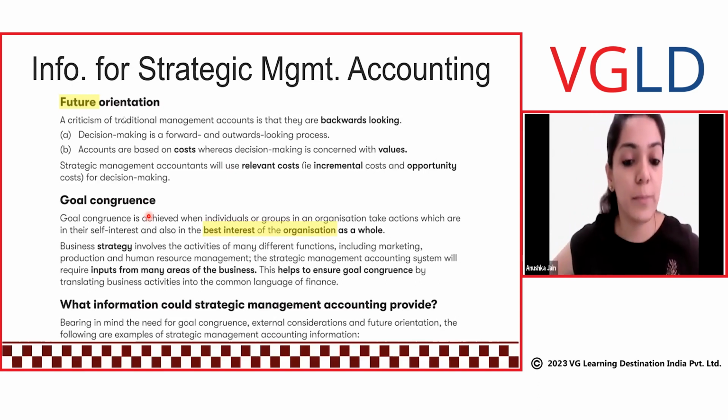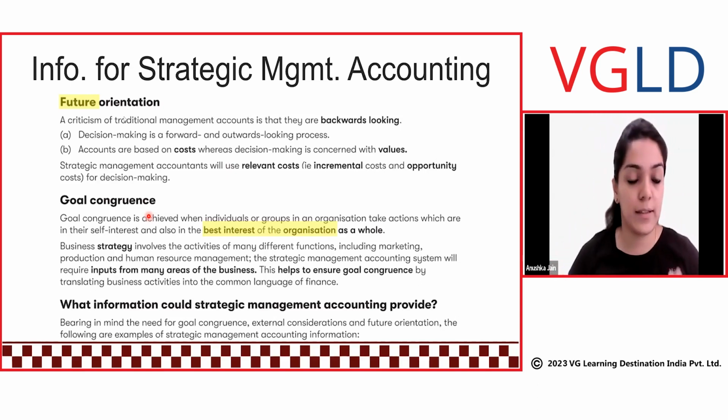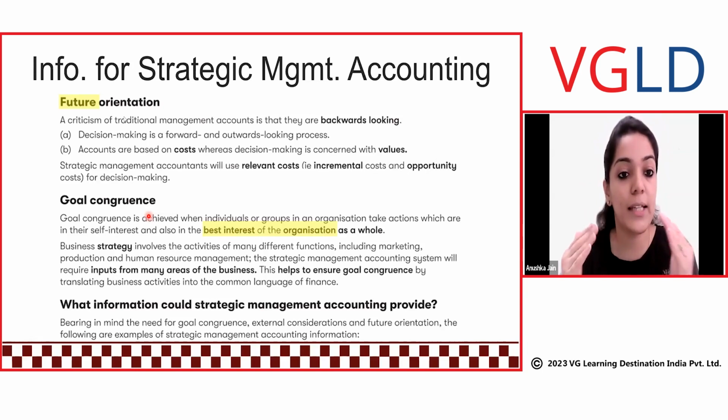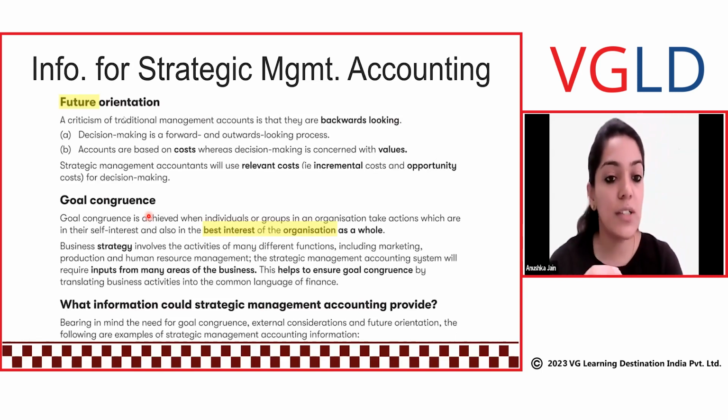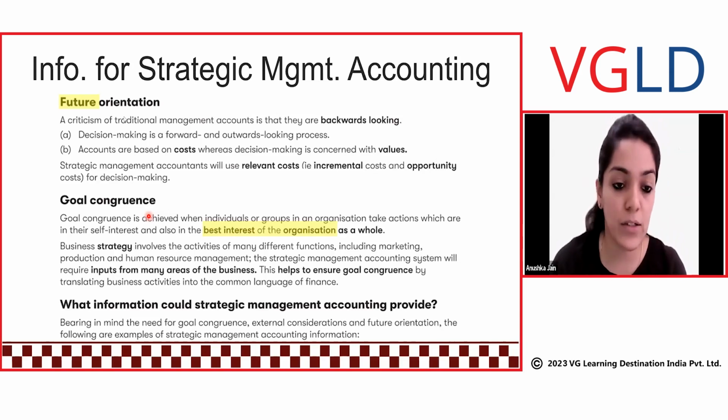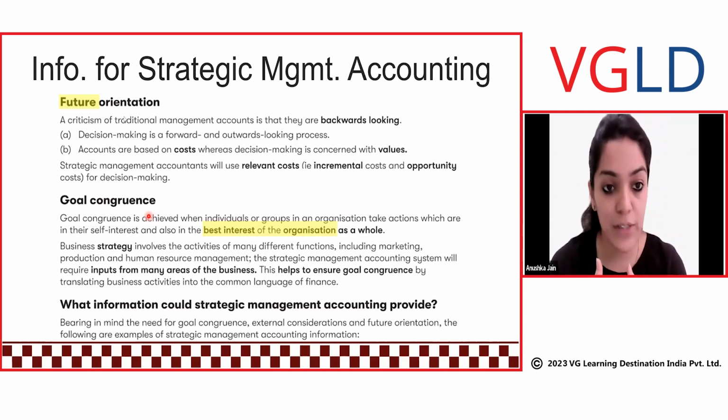What does goal congruence mean? What does the name congruence mean? The coming together of two things, like a confluence of rivers coming together. So goal congruence is achieved when individuals or groups in an organization take actions which are in their self-interest.